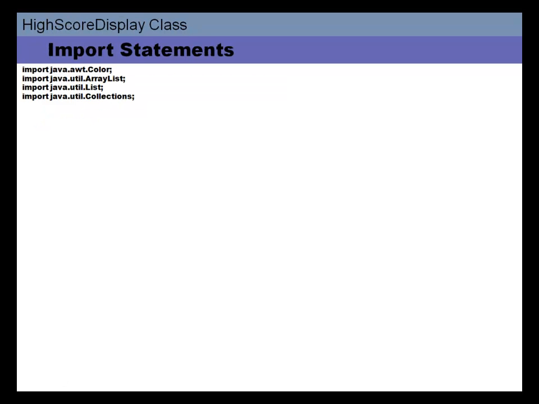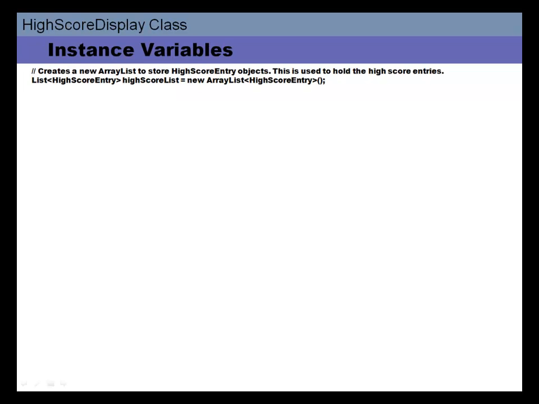Open HighScoreDisplay. The Color import is a familiar one. The other 3 are more specific imports of java.util, each allowing you to make and manipulate lists. The first variable you make is a list, which holds HighScoreEntry objects. More on these later.